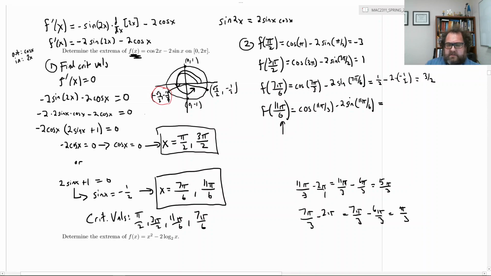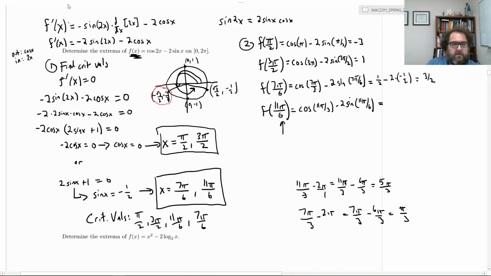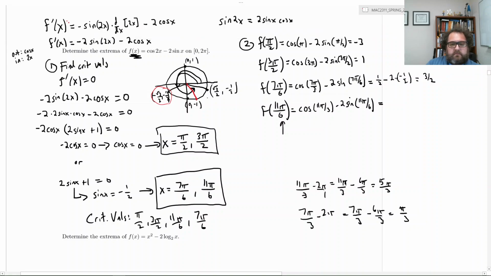5 pi over 3 is, let's get a different color, down here. And then what are the coordinates there? The coordinates for that angle are going to be 1/2 comma negative root 3 over 2.